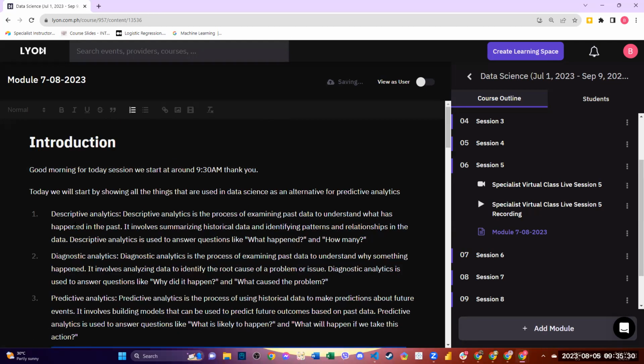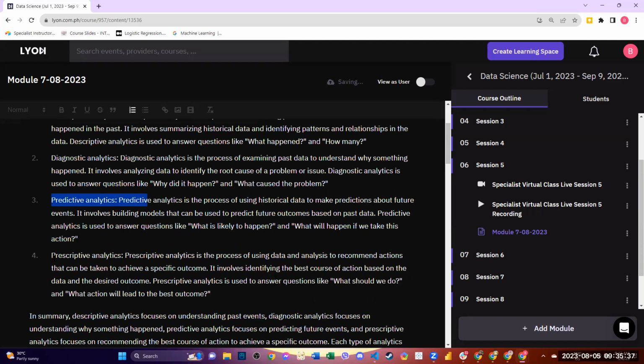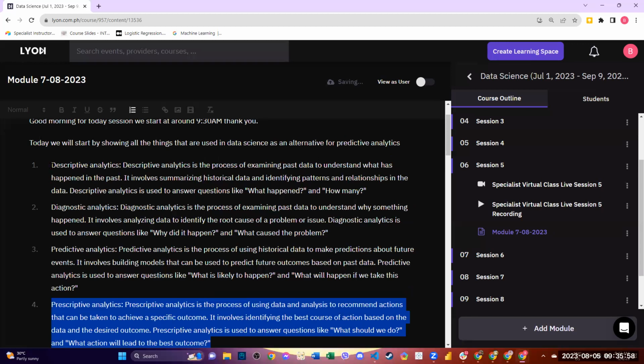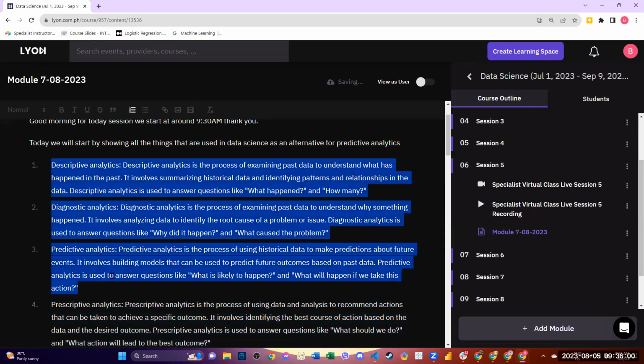If you don't have the reports for descriptive analytics, diagnostic analytics, and predictive analytics, you cannot do prescriptive analytics. Yeah, right. So that's the prerequisite of prescriptive analytics. This one usually happens after a series of projects from this tree.